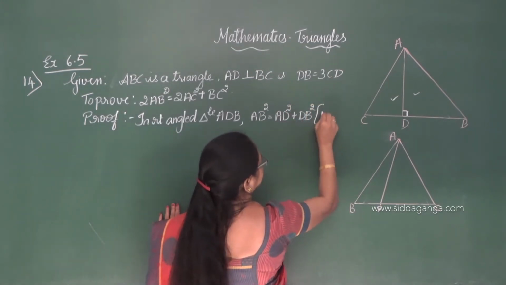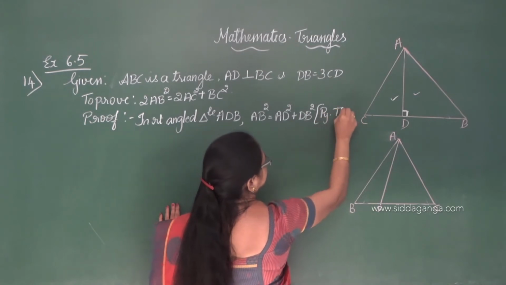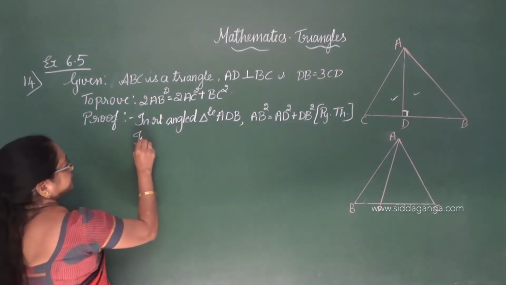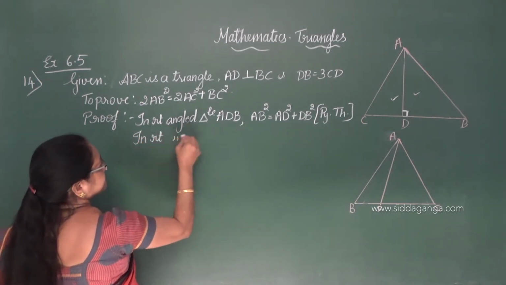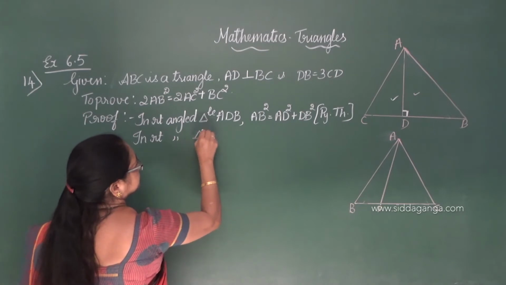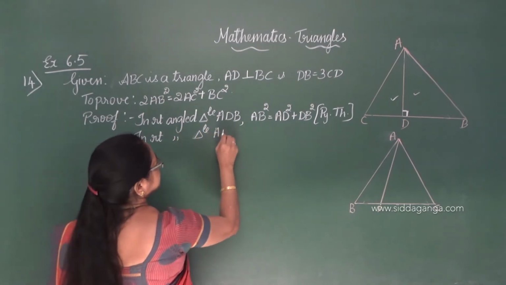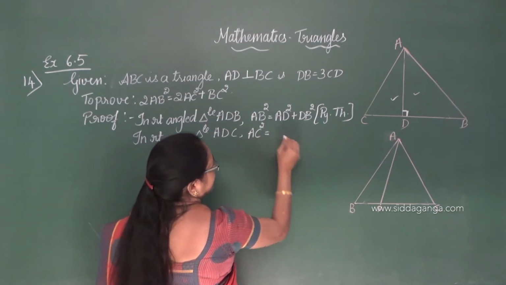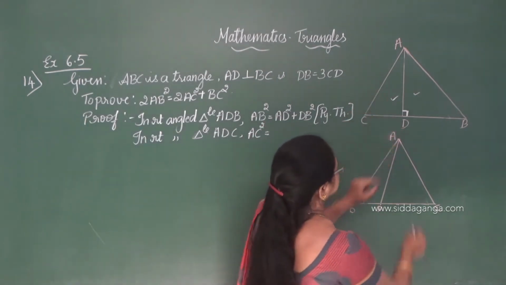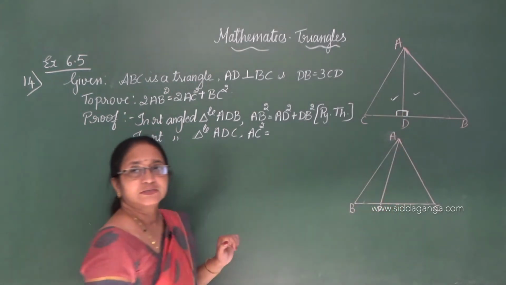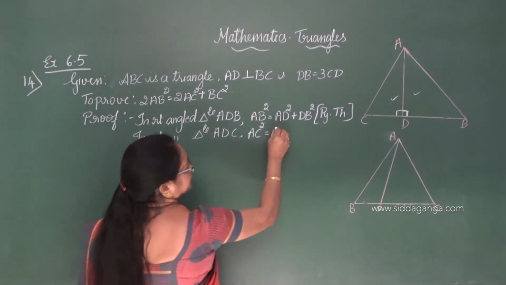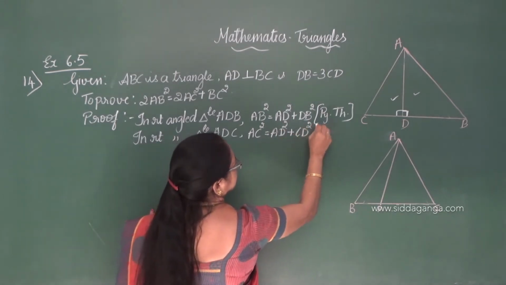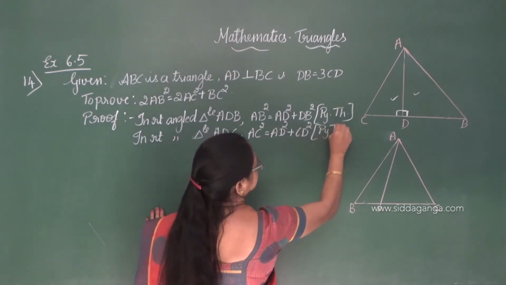Then in right angle triangle ADC, AC square is equal to AD square plus CD square, again Pythagoras theorem.